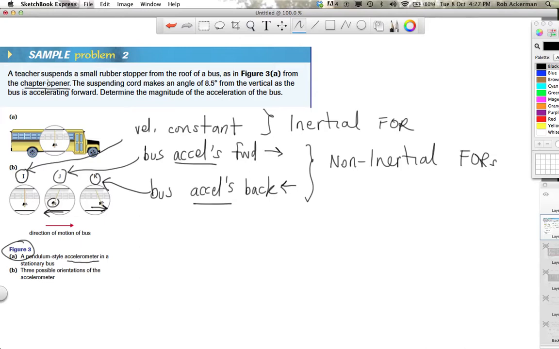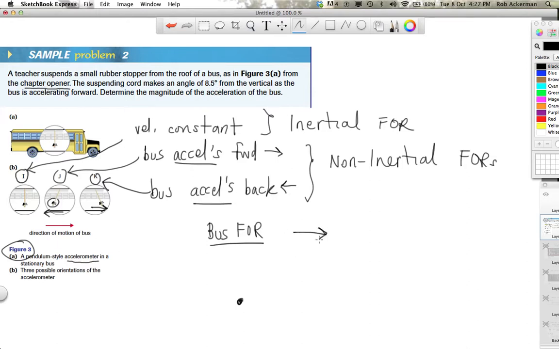All right, let's see how we can solve this, and then I'll let you go because I know it's been a long one, but it's a tricky concept. Here we go. The suspending cord makes an angle of 8.5 degrees from the vertical as the bus is accelerating forward. So here's what we can do. In the bus frame of reference, we're going to draw ourselves a free body diagram for a hanging mass that is hanging at an 8.5 degree angle as the bus accelerates forward.